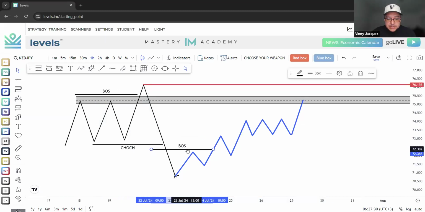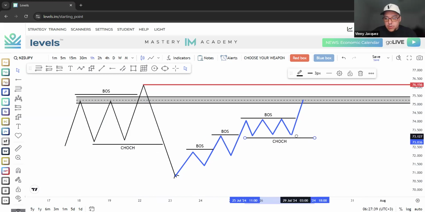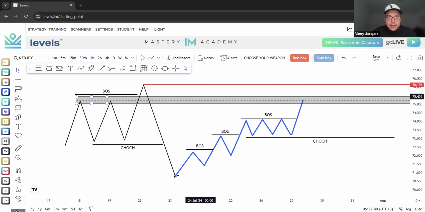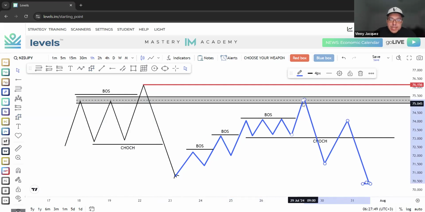But look at this, guys. Cannot forget about structure on the way up, because as soon as we change character right here, we have a brand new head and shoulder. So anytime we get a right shoulder, it's the head to the brand new setup to sell.